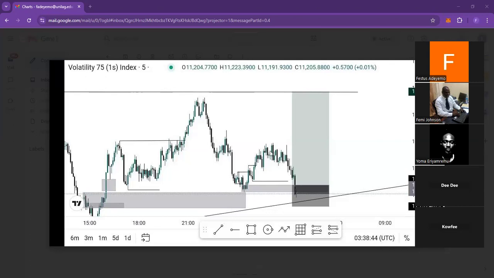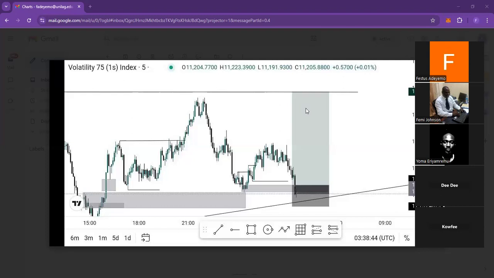So what we do is come and wait around this area of structure. We mark out the point of interest because we believe the market will come around here to pick up the orders, then smart money will come in, and the market goes up. Don't forget, there are things worth noting down.